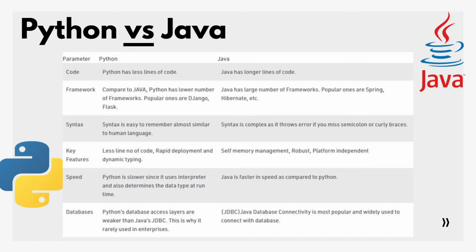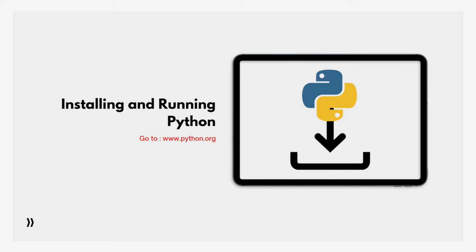And in the database section, Python has a lot of database support, but it's weaker than Java's. But if you are a beginner, then definitely you can start learning Python, and maybe later on you can also explore Java as well. So in this tutorial, we are going to start with setting up and running Python on our machines. So let's get started.